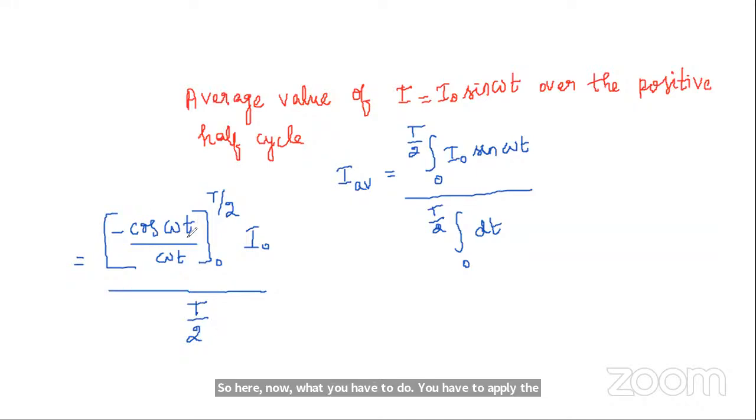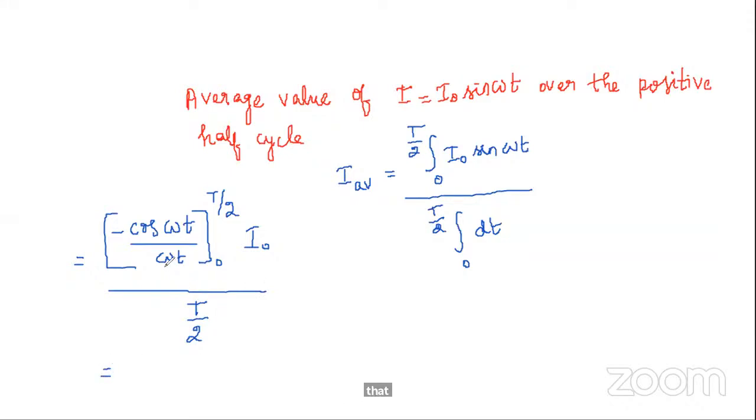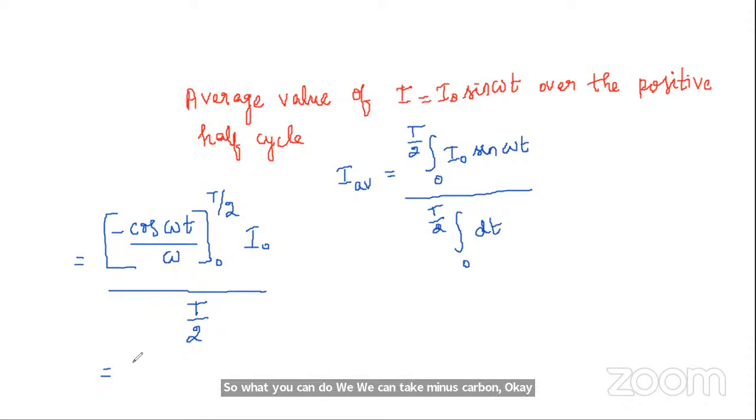After applying the limits, what will you be getting? Here you won't be having t, you will be having just omega. So we can take minus common, and omega is also common.